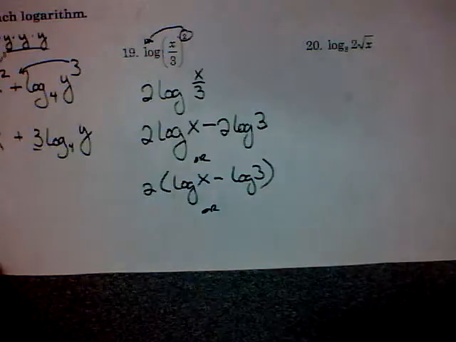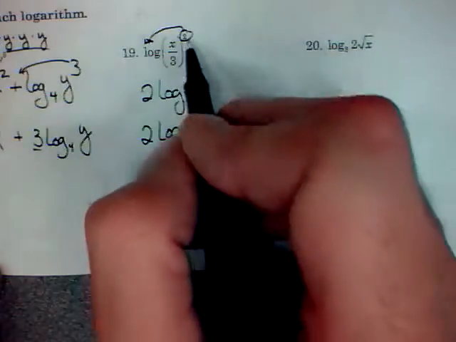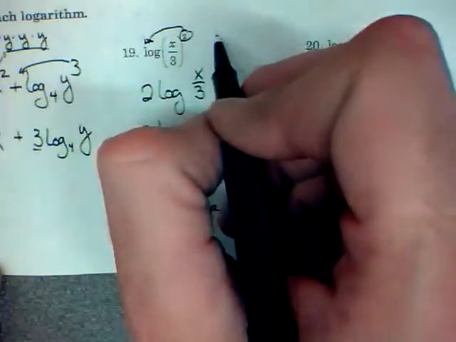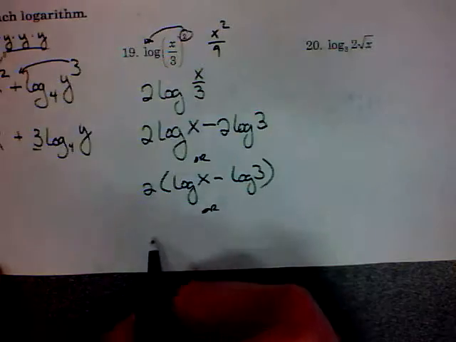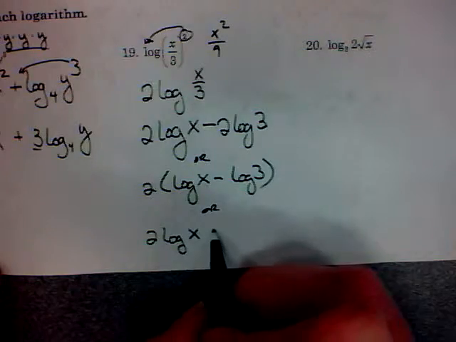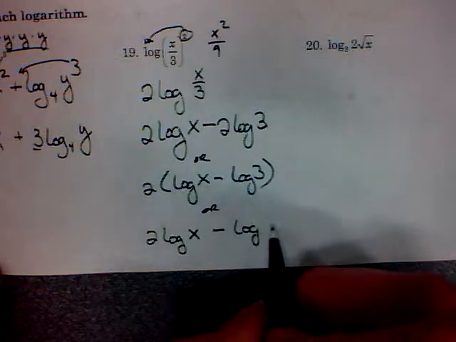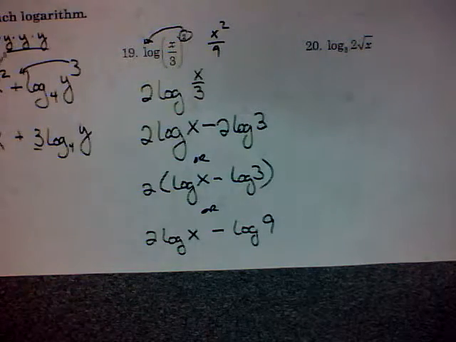Or you might have even changed this so that you squared both of these. You could have written this as x squared over 9. So then you could have written this as 2 log of x minus log of 9. All of those would have been acceptable answers. Okay.